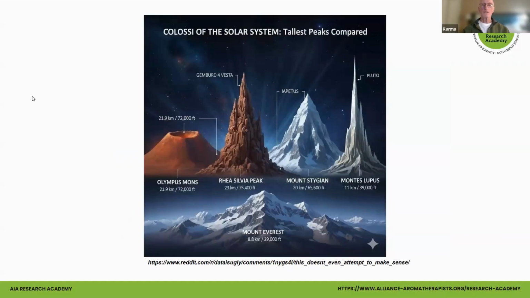Okay, what about this? Any problem with this one? Well, for one thing, there's no one that took pictures. So there's no chance that these mountains on Pluto, Vesta, which is an asteroid, or Iapetus, which is a moon of, I don't know, Saturn or something, and this is on Mars, look like this.